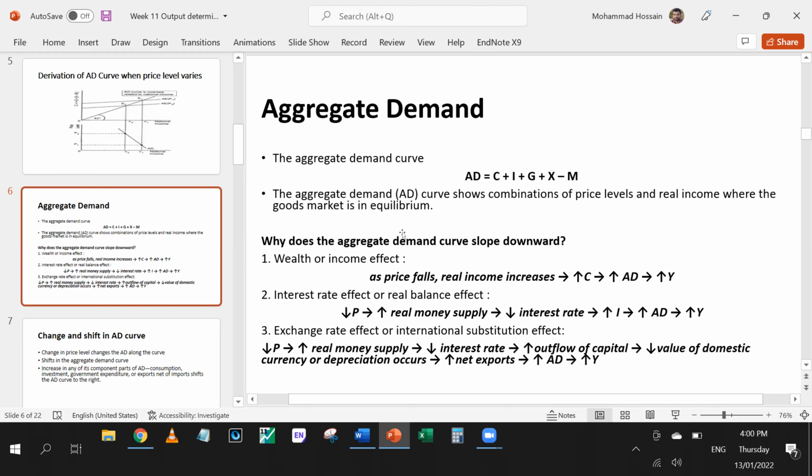When the real money supply increases, the interest rate will fall. How? Well, when the real money supply increases, the interest rate, which is the price of money, falls.